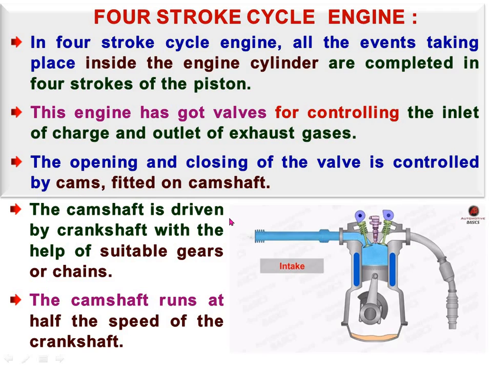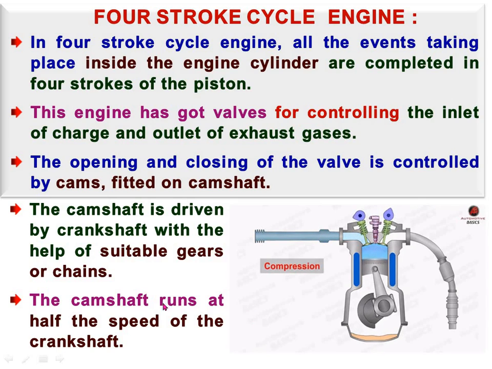The camshaft is driven by the crankshaft with the help of a suitable gear or chain, as we have studied during the study of the different components. We have seen that the camshaft gets power to rotate from the crankshaft through a suitable gear or chain arrangement.